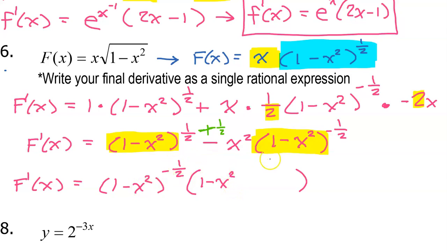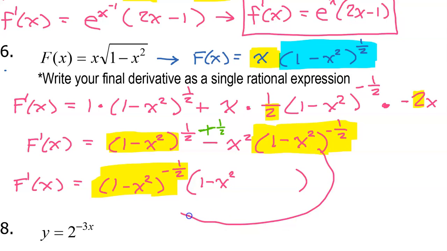On the other hand, notice how the factor that is out here in the front is the same factor that I have right here, including the exponent. So I've taken this entire factor away. Blam! So this whole thing is gone. So I am left with just the minus x squared part. So that's probably the simplest way to look at it.